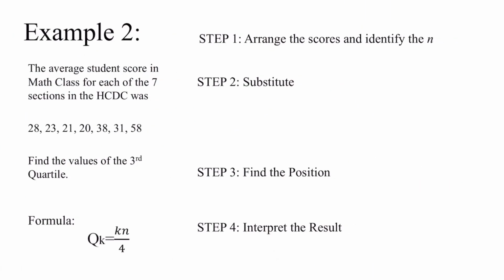Find the third quartile. We will be following the same steps. In that case, we will arrange the scores. That is 20, 21, 23, 28, 31, 38, 58, where still n is equal to 7.